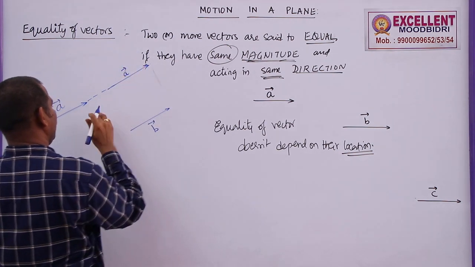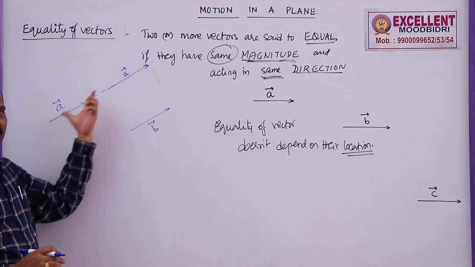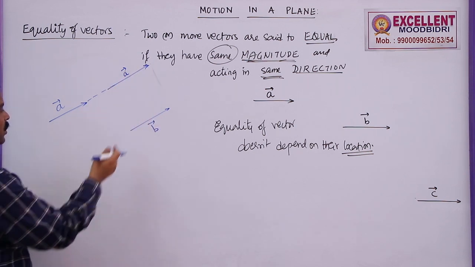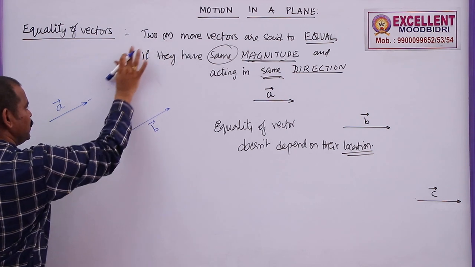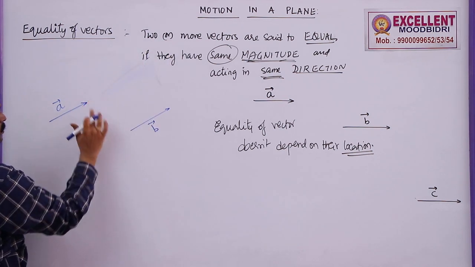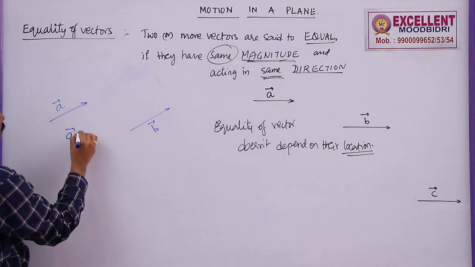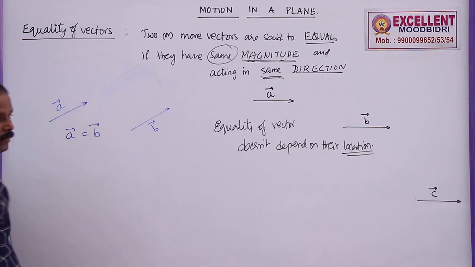So, this is A bar. If one of the vectors is displaced parallel to another vector, then these two are said to be equal vectors. Even without displacing, as their magnitudes are equal and they act in the same direction, we can say that A bar is equal to B bar.